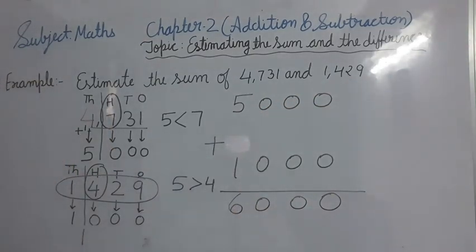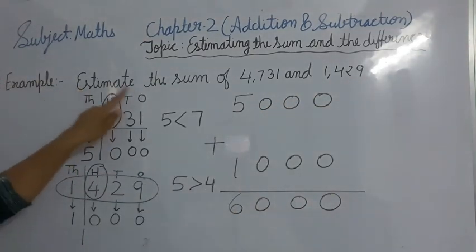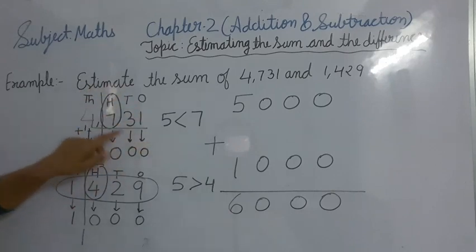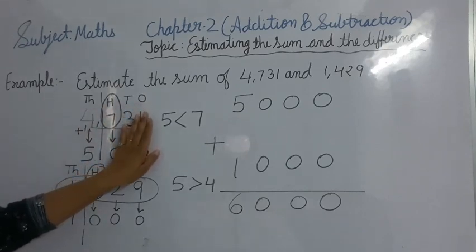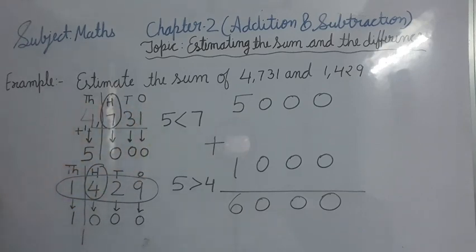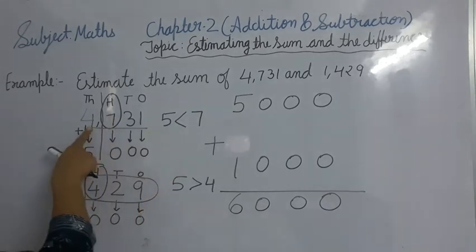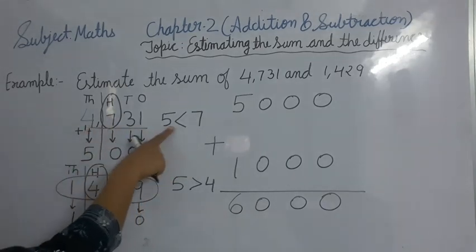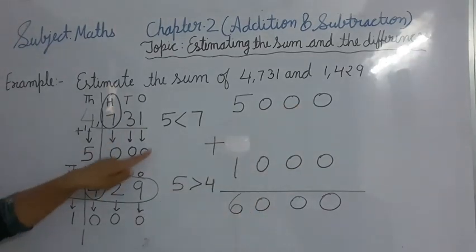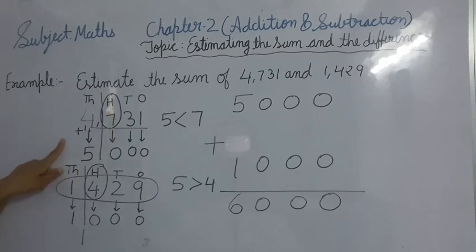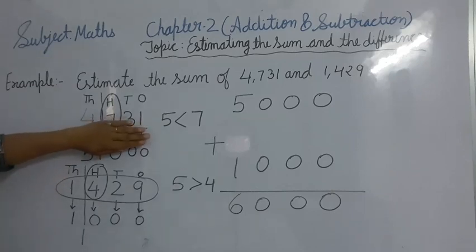Now look here. Here I am explaining how to round off, but this procedure you will do in your rough notebook. No need to do this in the fair notebook. You just directly write in the notebook that if we round off this number to the nearest 1000, you will get this number. When you practice, gradually you will learn, and at that time you do not need to do this.